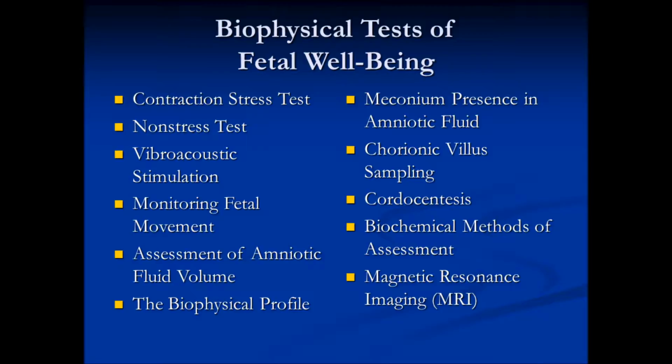Okay, chordocentesis is the in utero sampling of fetal umbilical cord blood. The base of the umbilical cord is located with ultrasound, and a 22 gauge needle is inserted through the abdomen into the uterus. Uterus is a muscle.